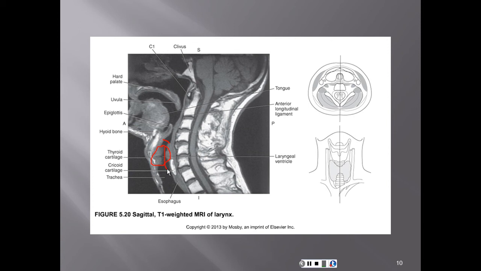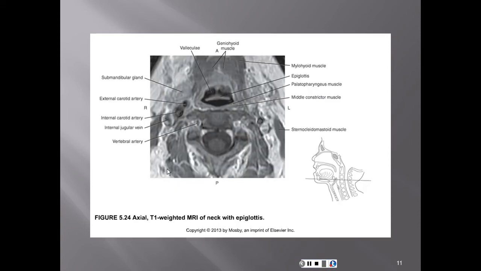But this image should be on page 261. Yes, page 261. Level of C3, C4, you see again the sternocleidomastoid muscle.